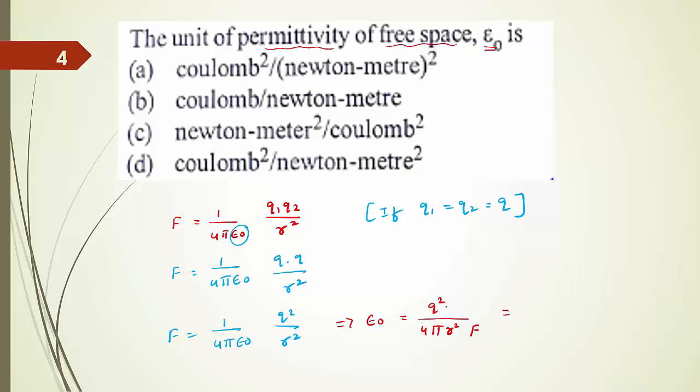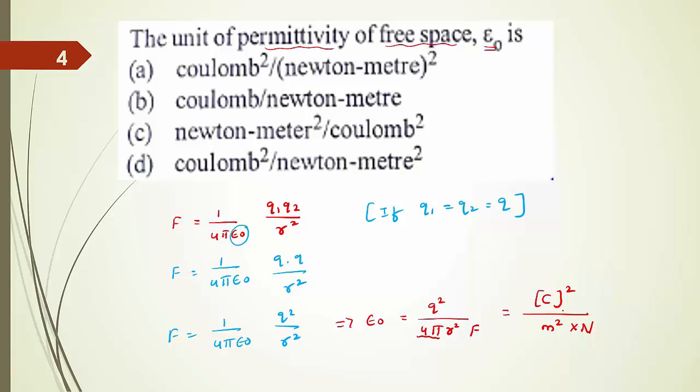Q indicates a charge. The unit of charge is coulomb. So here this is coulomb square divided by 4 pi. This is a constant. Leave it. R square. R indicates distance or the position vector or the radius. It is measured in terms of meter square, into force, which is measured in terms of Newton.